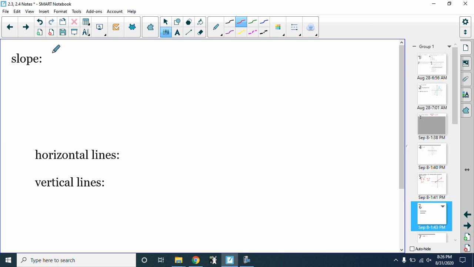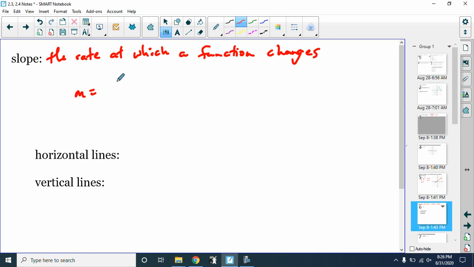Slope is defined as the rate at which a function changes. The rate of change of a function is slope. We use m to represent slope.